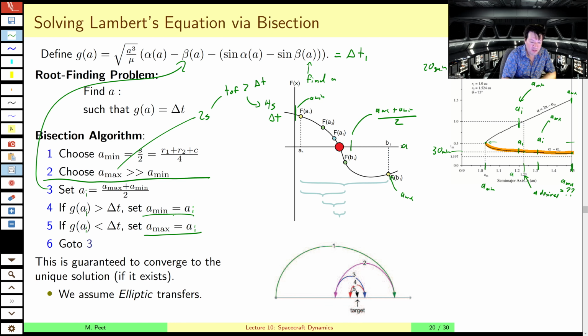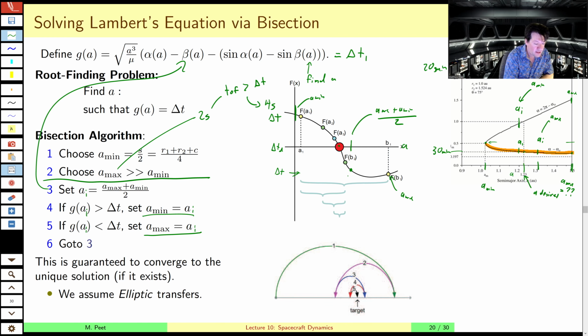So in this case, you found that your delta t is less than your desired delta t.